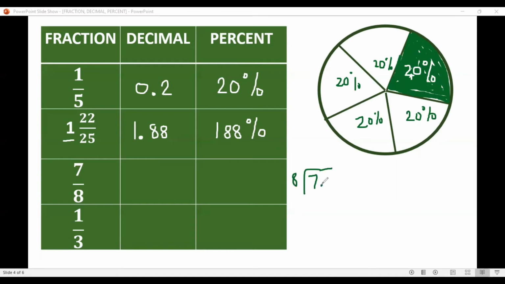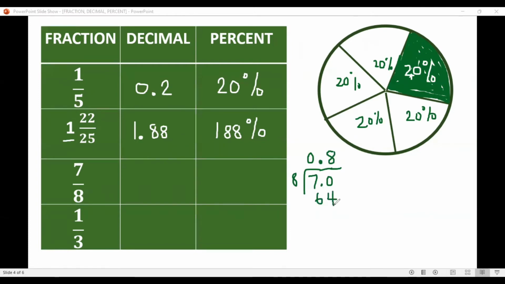So 7 is again smaller than 8. Therefore, there is a need for us to append a decimal point. We now ask, how many groups of 8 are there in 70? There should be 8, because 8 times 8 is 64.